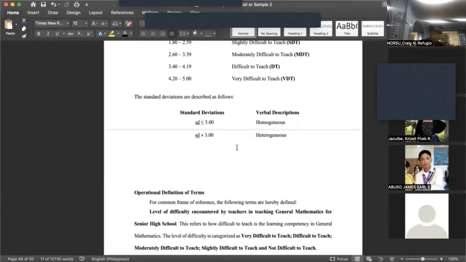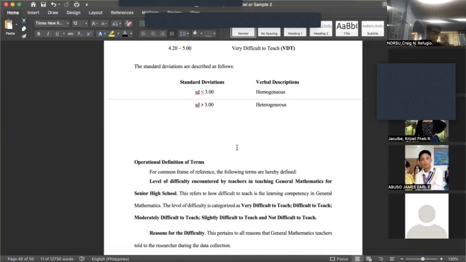We call that operational definition of terms, but commonly it is classified as definition of terms. Definition of terms is the part where all the terms used in the study, and specifically all the variables used in the study, must be defined according to the way they are being used in your own study or research proposal.